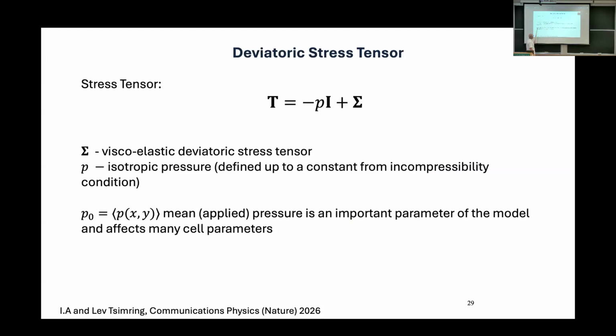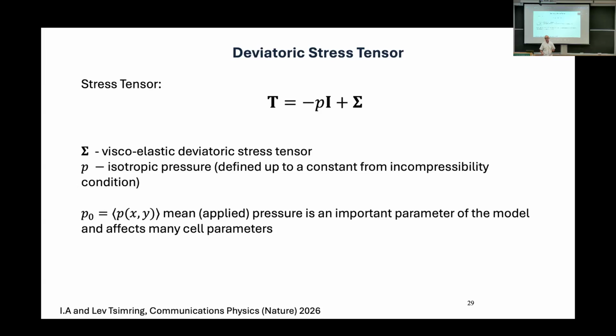Here is something really subtle. In incompressible fluid dynamics, pressure is irrelevant, right? It's a Lagrange multiplier. You can define pressure up to a constant. Not here. Here, of course, from the fluid mechanics point of view, pressure is defined up to a constant, but pressure is an internal variable, and it controls the cell state.